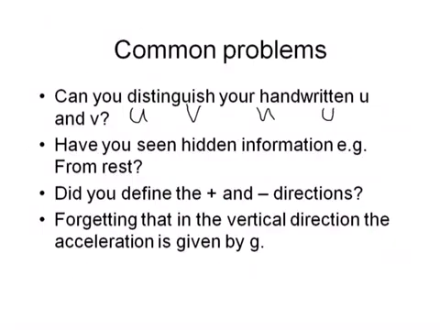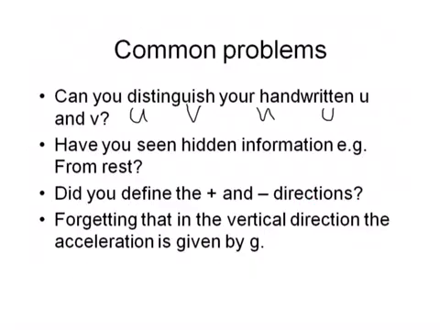Second thing, have you managed to extract any hidden information in the question? For example, if it says from rest, that would mean that U, the initial velocity, was 0. Or if it says slows down to rest, then that would mean that V, the final velocity, was 0. Thirdly, did you actually define which were your positive and negative directions, or did you ignore that step in the tips for success?